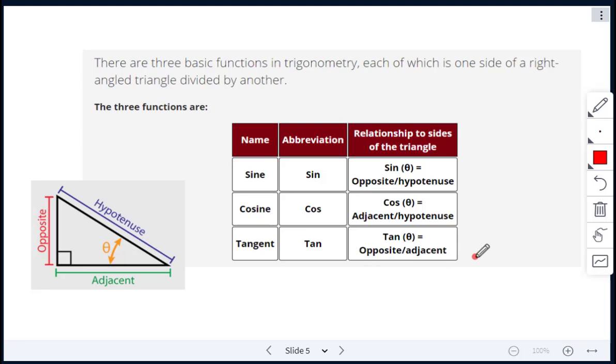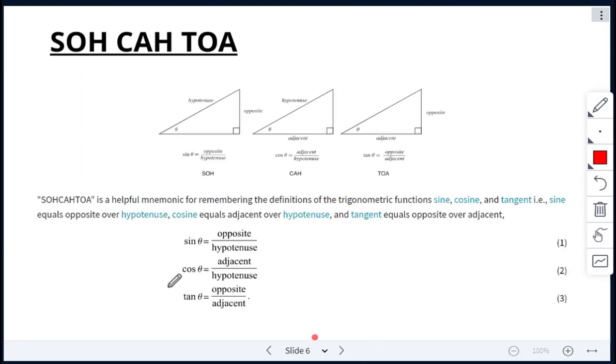There is a way to remember that. It's an acronym called SOHCAHTOA. SOH stands for S for sine, O for opposite, and H for hypotenuse. So sine theta is opposite divided by hypotenuse. Here is the hypotenuse, there's the opposite, and there's our angle theta.